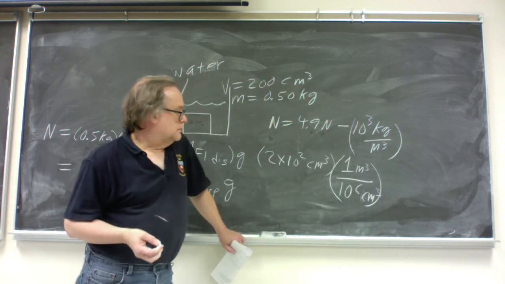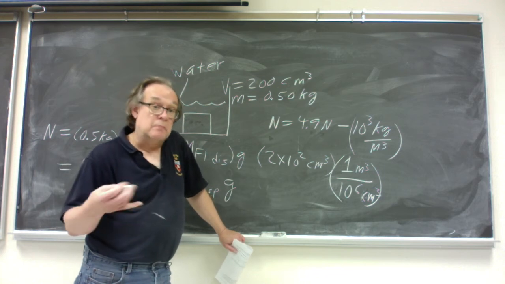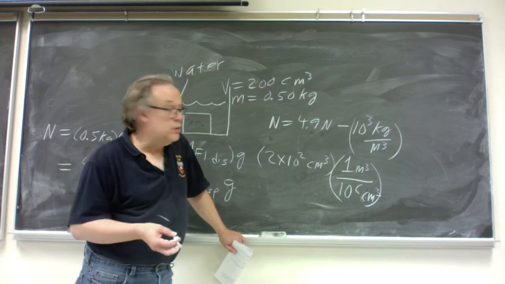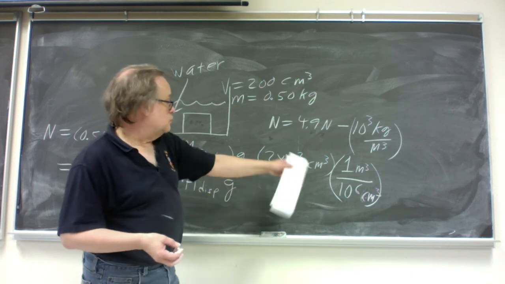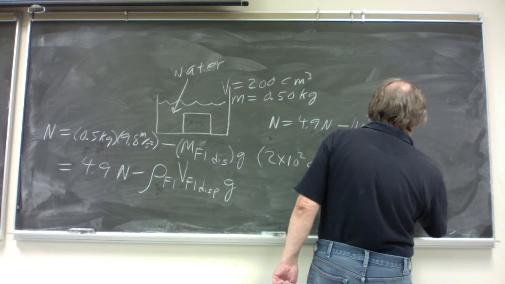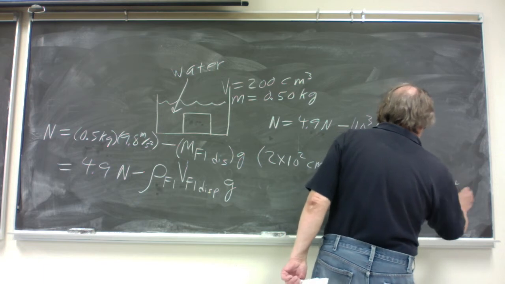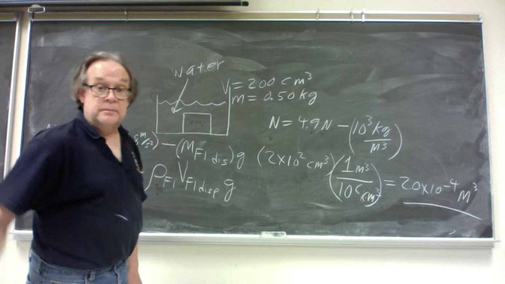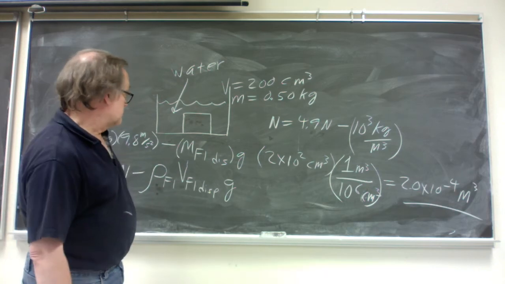Or 1 cubic centimeter is 10 to the minus 6th cubic meters, either way. But do the math there, and now we've got 2 times 10 to the minus 4 cubic meters for the volume.